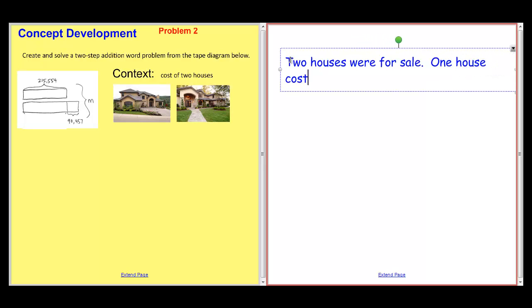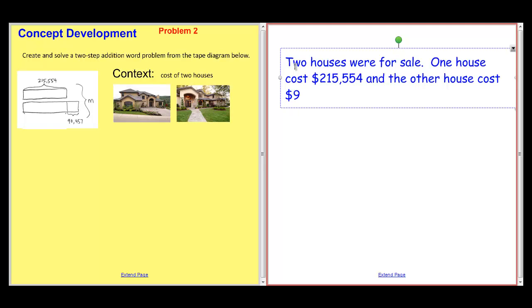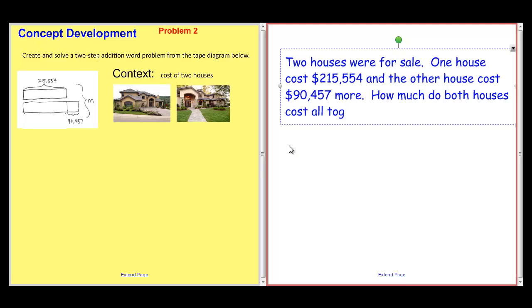One house cost $215,554, and the other house cost $90,457 more. Now, since this tape diagram shows this bracket with the variable M, I'm solving for how much they are together. So my question is going to be, how much do both houses cost all together?